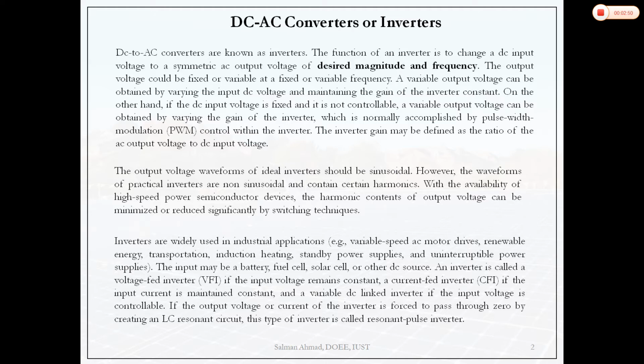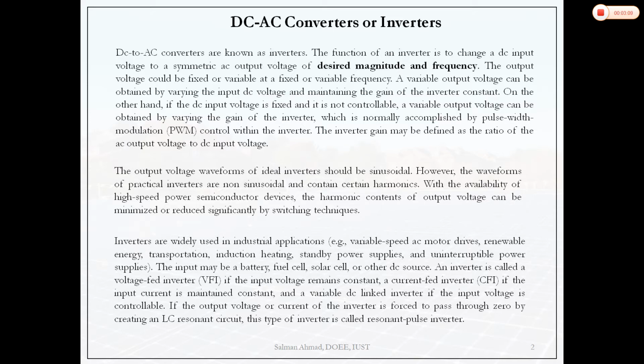Inverters are widely used in industrial applications like variable speed AC motor drives, renewable energy, transportation, induction heating. There are a lot of applications of inverters. The input may be battery, fuel cell, solar cell, or other DC sources.